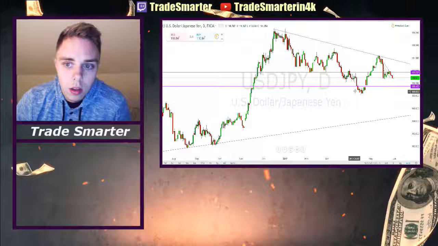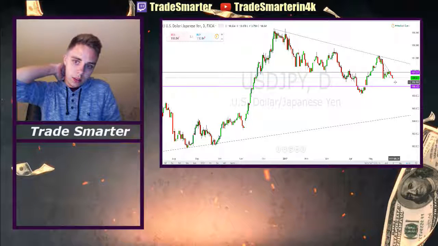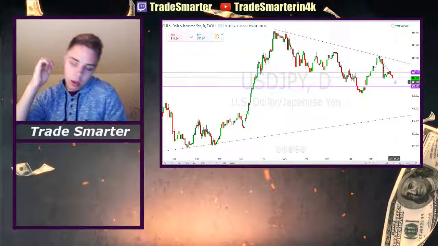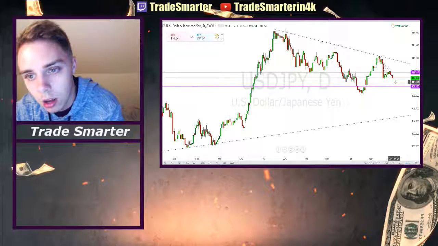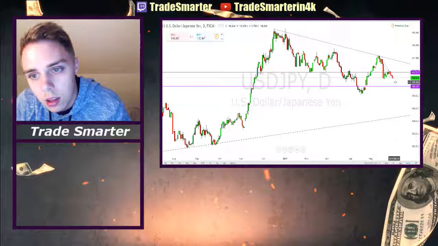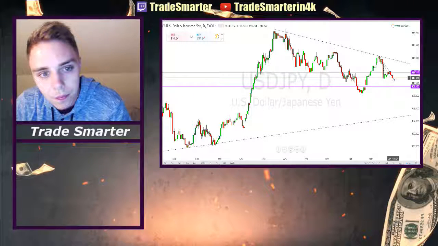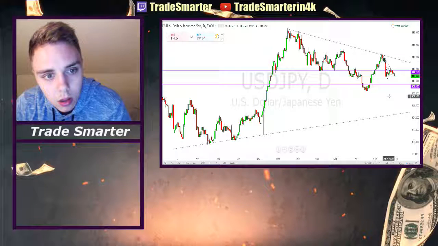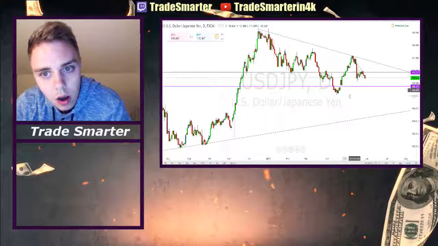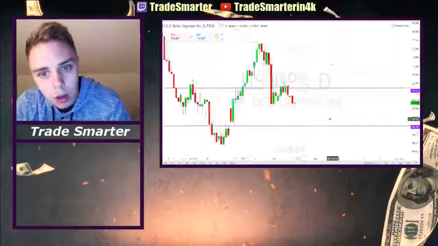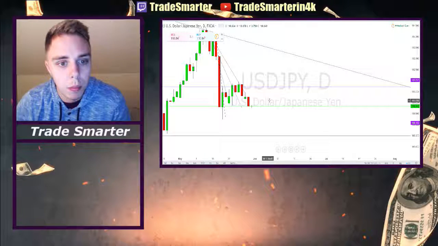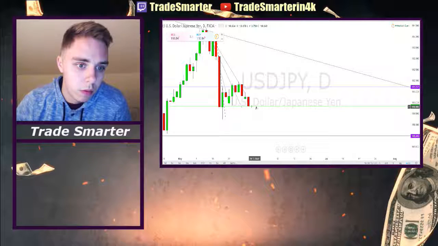And yeah, it's not really at a point of switching necessarily. It easily could be. It isn't obvious if it is. But if you really want to get into USD JPY, I'd go with the buy on this one for now.